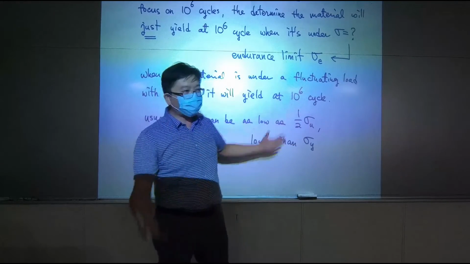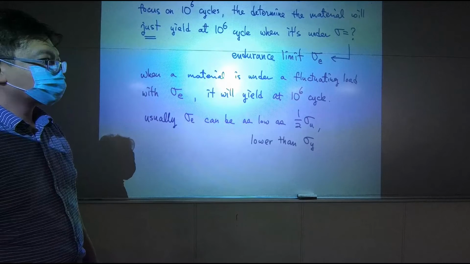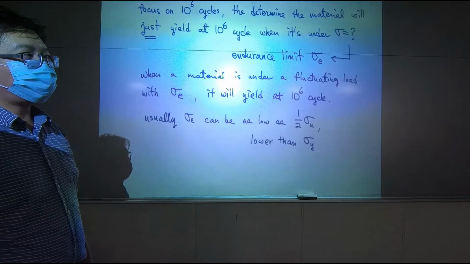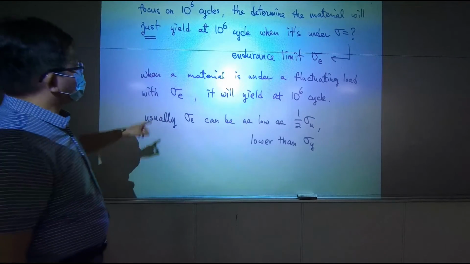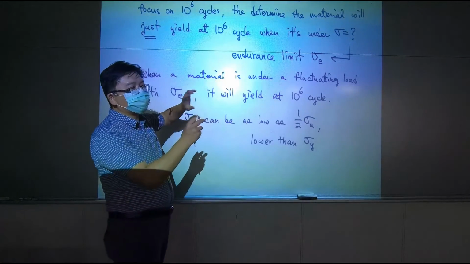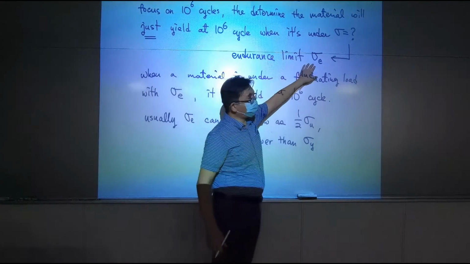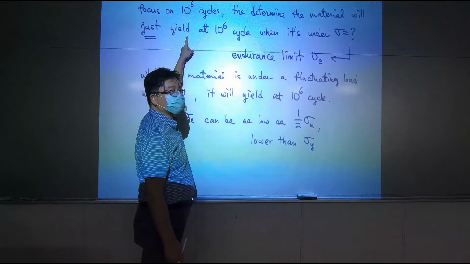It's the worst case. So it must reach 10 to the power of 6 before it gets to the endurance limit. It's possible it happens before that. By definition, they do experiments to make sure this number happens at 10 to the power of 6.